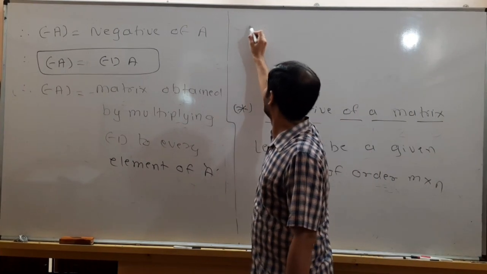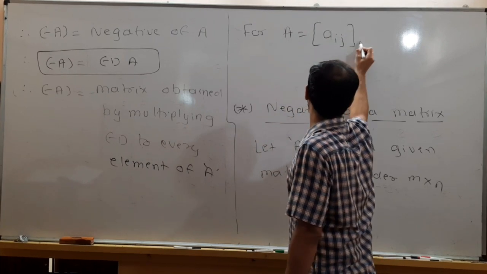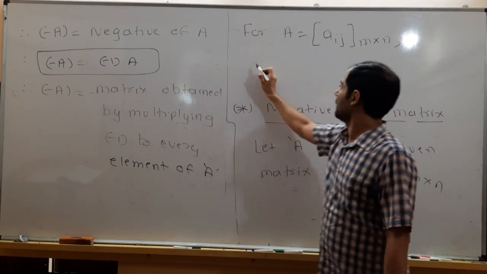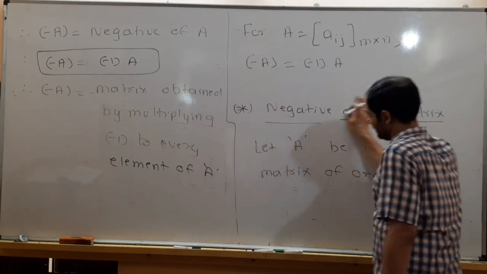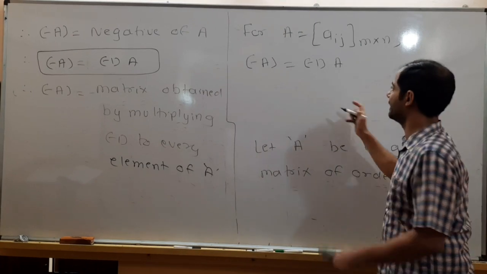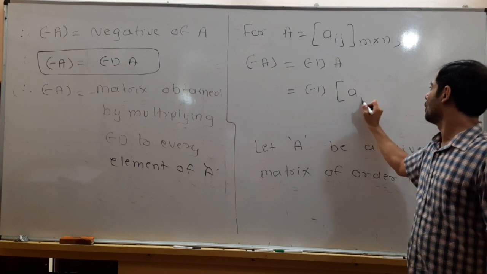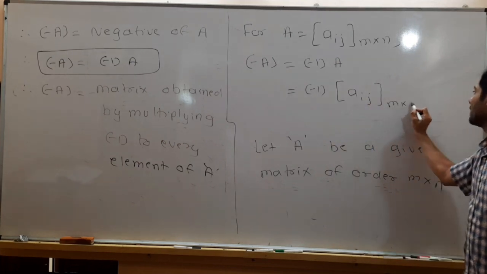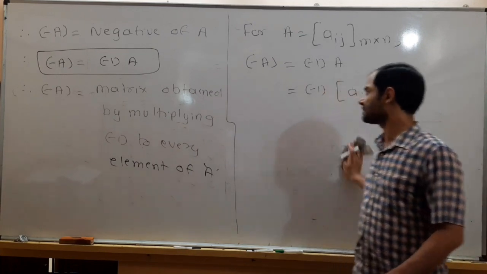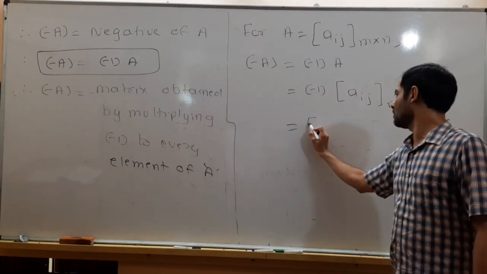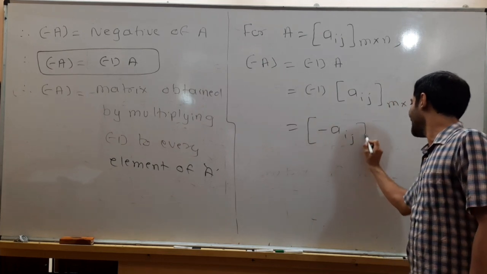For A equal to Aij of the order n cross n, minus A will be minus 1 into A. So it will be minus 1 into Aij of the order n cross n, and minus 1 multiplied to every element. So minus 1 into Aij turns out to be minus Aij.